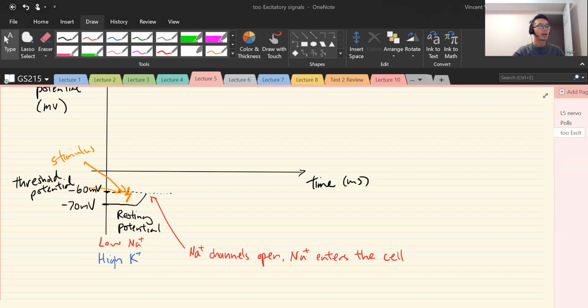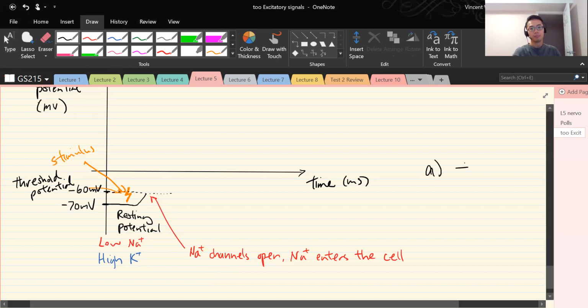Now that the sodium channels open and all the sodium is coming into the cell, is it going to make the inside more positive, no change for B, or more negative for C?